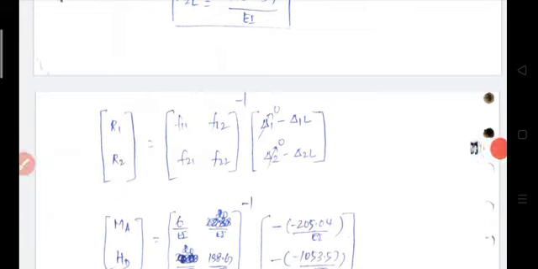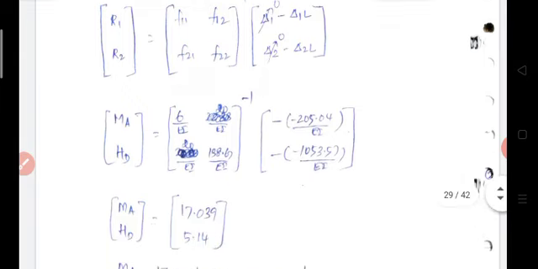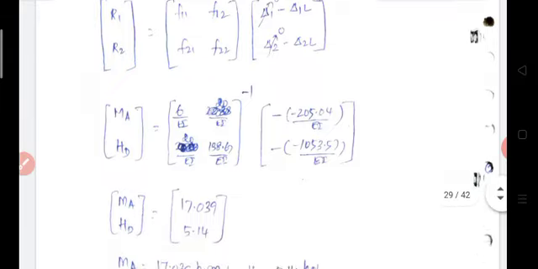This is the net displacement at the assigned coordinates 1 and 2. Then substitute the values R1 and R2. R1 is the first redundant, that is MA, then R2 is the second redundant, HD. Then substitute the flexibility matrix, then take the inverse of it, then also substitute delta 1L and delta 2L.